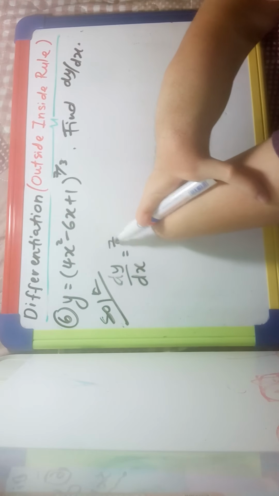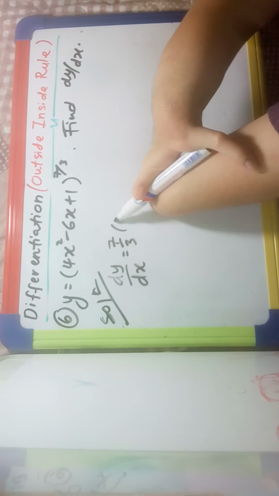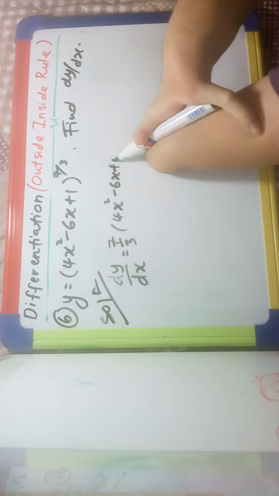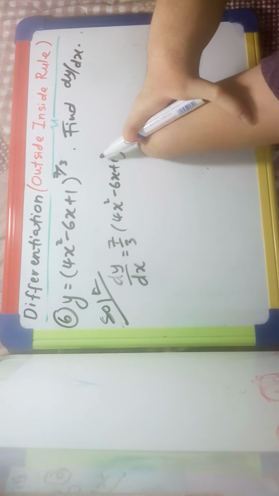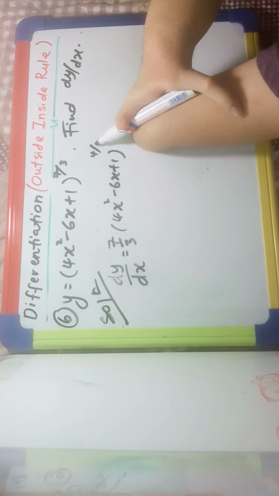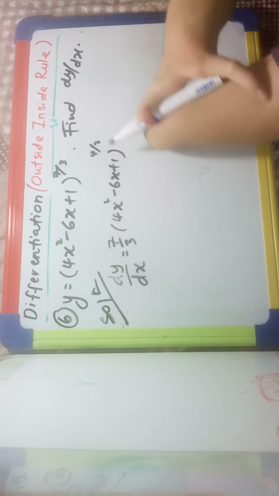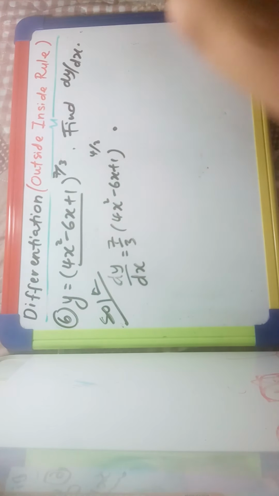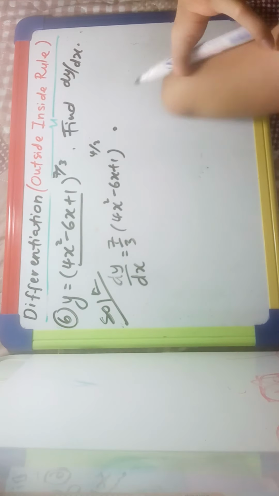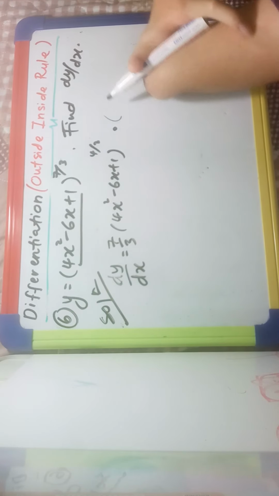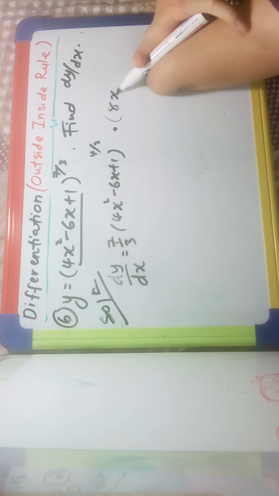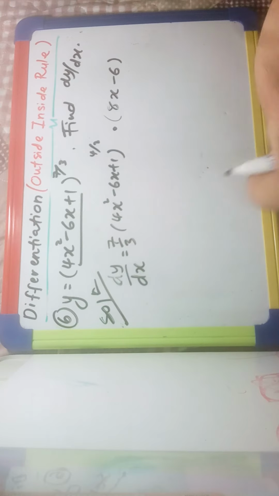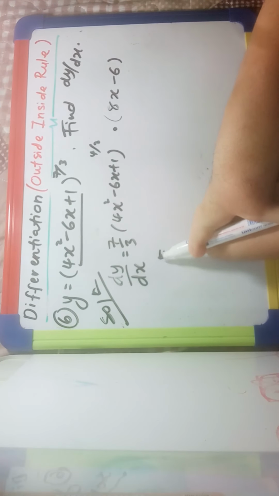So we will have 7 over 3, 4x square minus 6x plus 1, 7 over 3, then you need to minus 1, so you will get 4 over 3. So this is the outside. Multiply inside, differentiate 4x square minus 6x plus 1, so you will get in bracket 8x minus 6. Then simplify your answer.